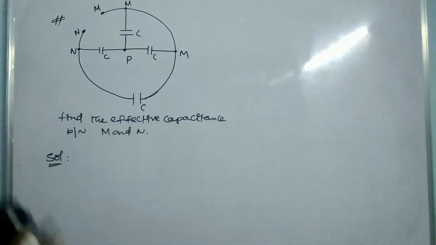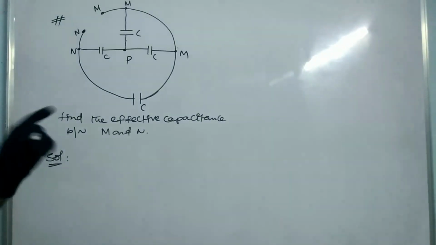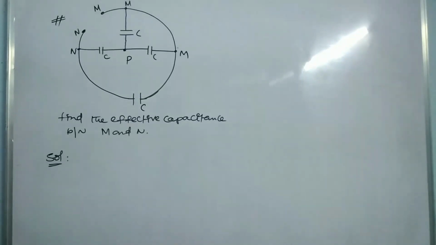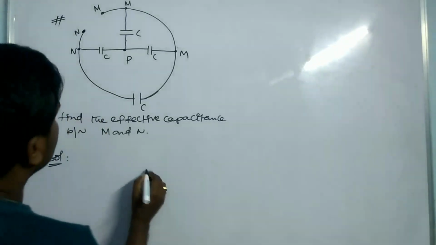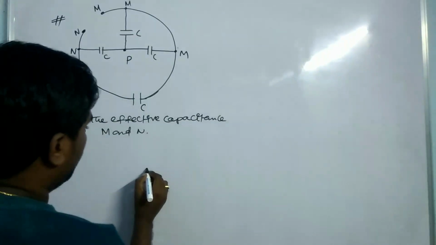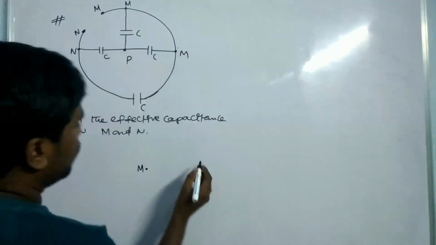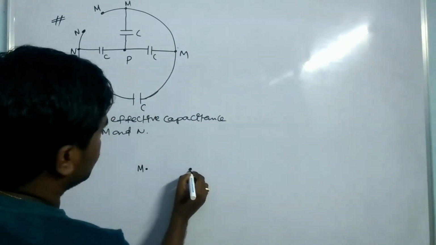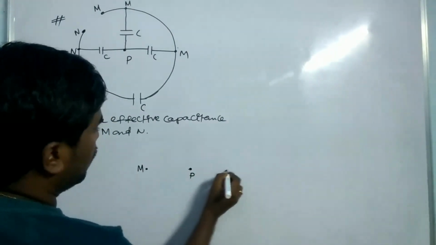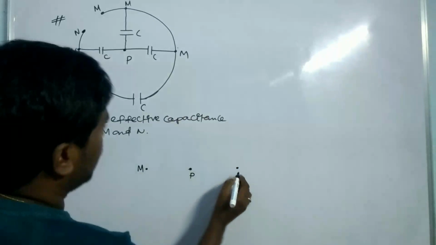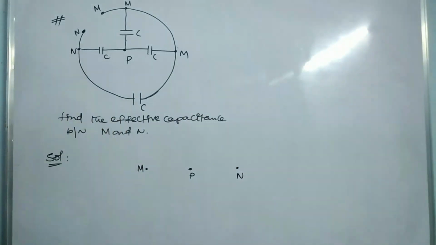Right? That is the first point. You have to solve this type of question. Now we have to mark the point M here, and the middle point is P, and also one more point, that is N.